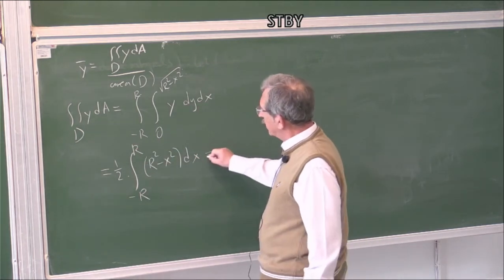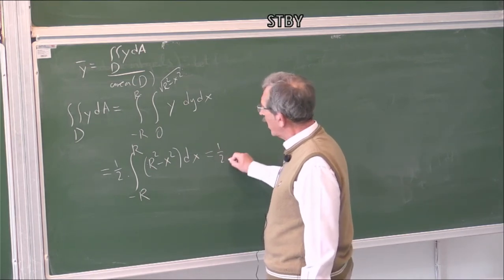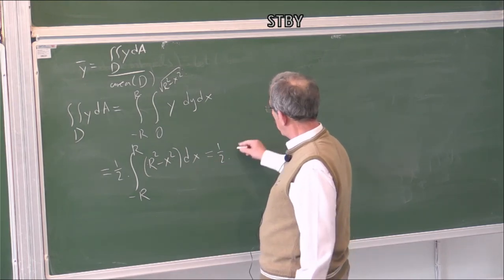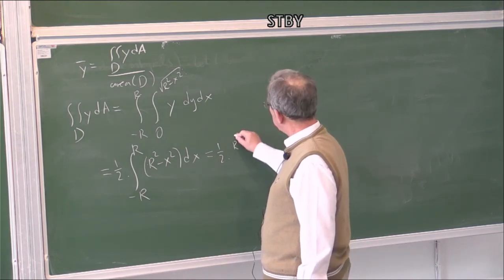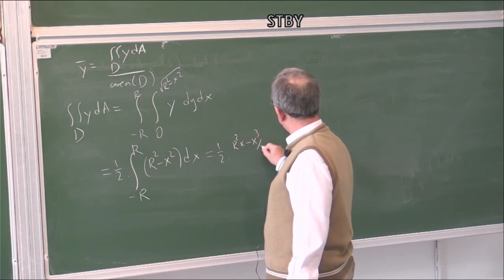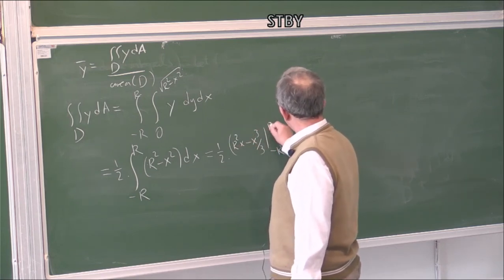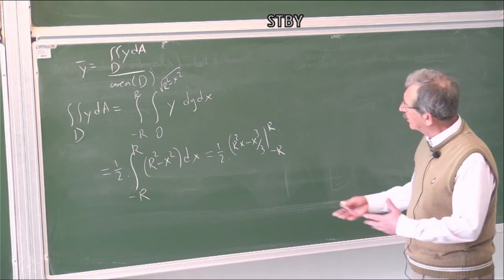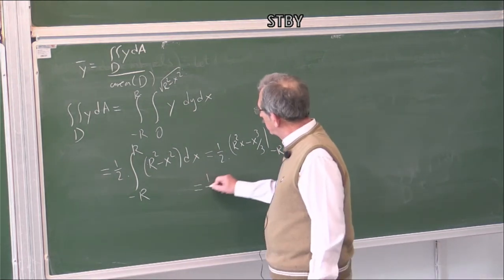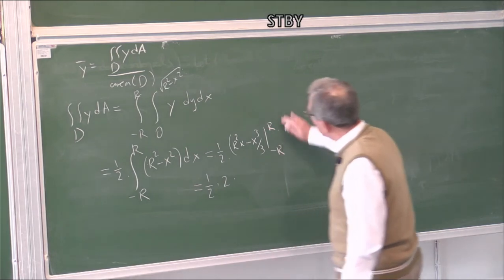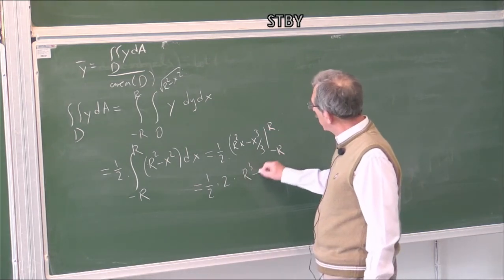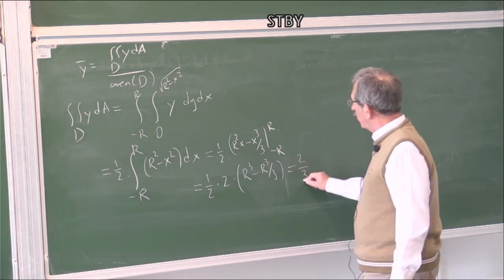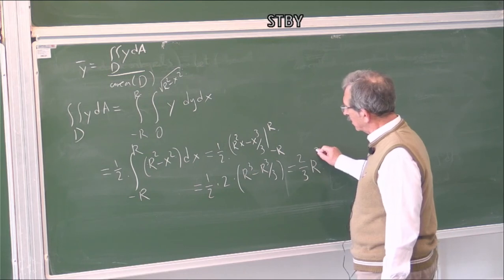And you can calculate this. That would be 1/2 of r squared x minus x cubed over 3 from minus r to r. Actually, it's an even function, so you can take 0 to r and multiply by 2. So it's 1/2 times 2, 0 to r. So it's r cubed minus r cubed over 3, which gives you 2/3 of r cubed.